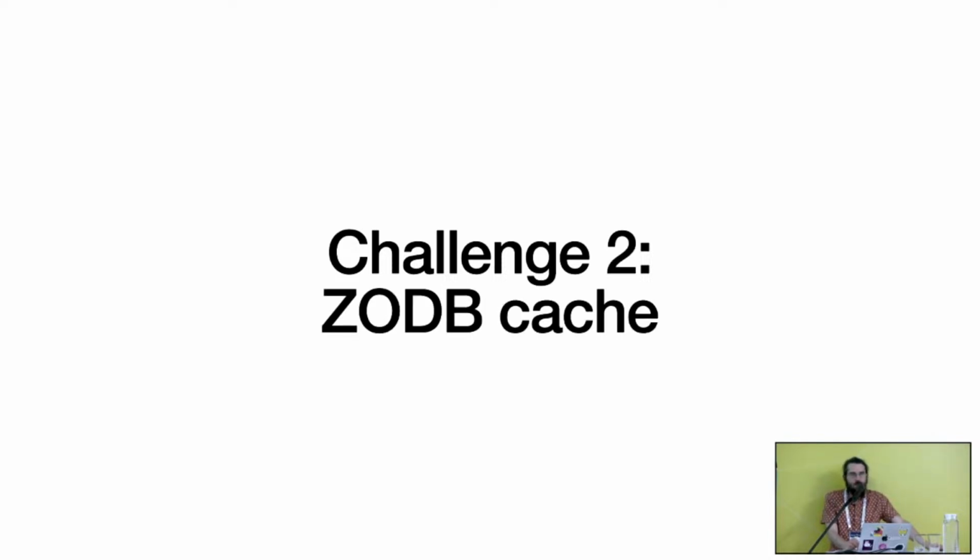The other big challenge with Plone and WebSockets is the ZODB cache. When you're dealing with a bunch of WebSocket connections, you have a lot of different visitors with an open connection to your web server. And the way the ZODB performs well is you have a big cache of objects that you've loaded, and you populate that cache over the course of a request, and each request that's running in a thread has its own ZODB cache.